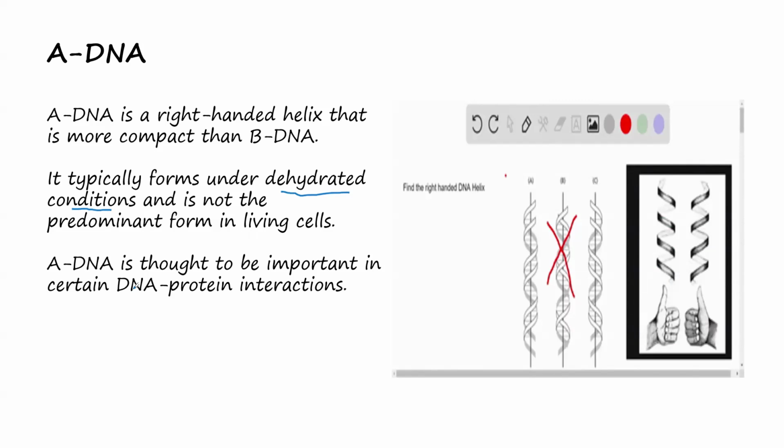This is how we have it here. You find the right-handed DNA helix. You have A, B here, and C. Which one is the right-handed DNA? The right-handed DNA is the A-DNA.